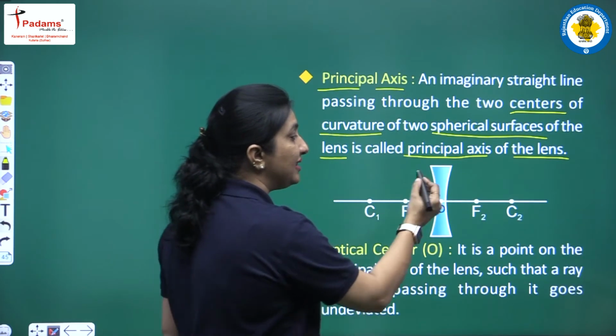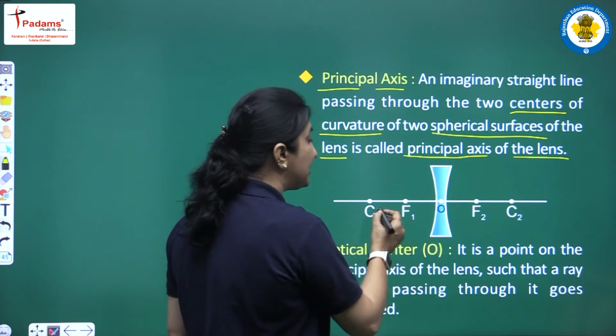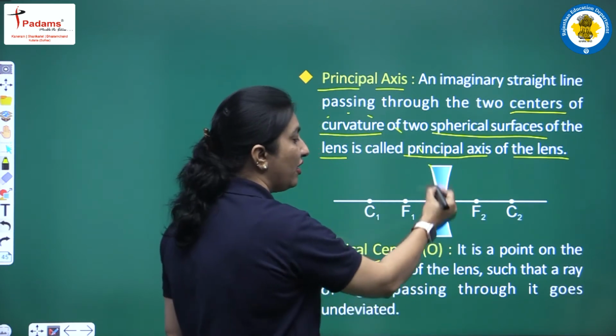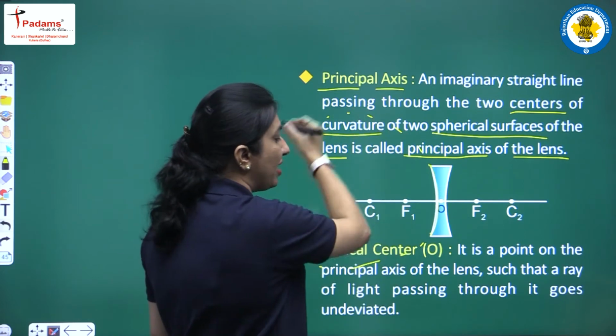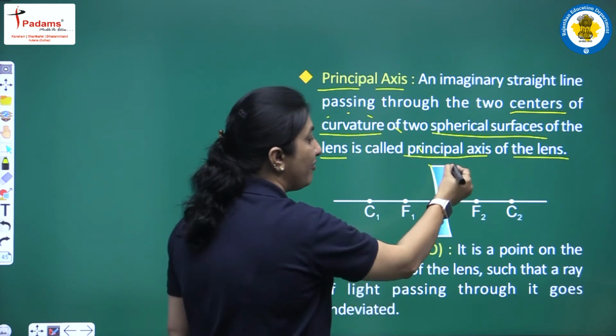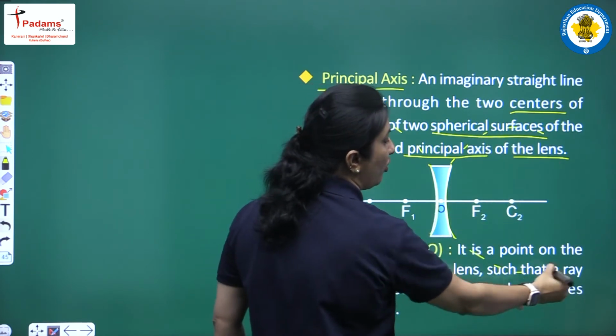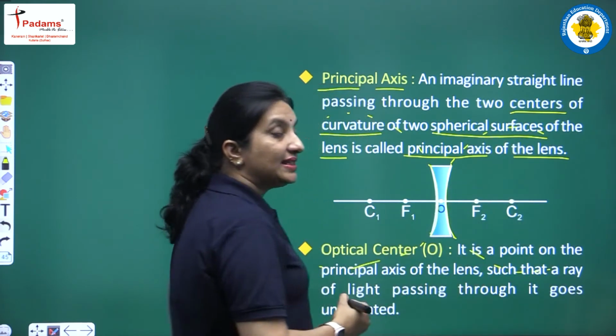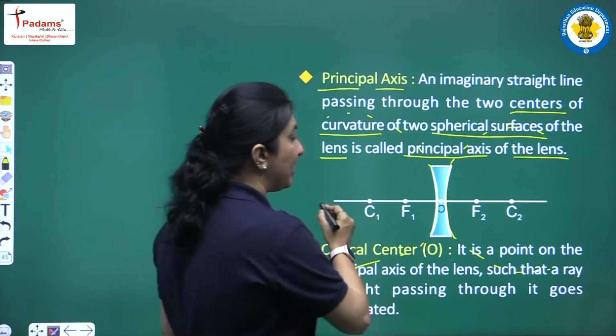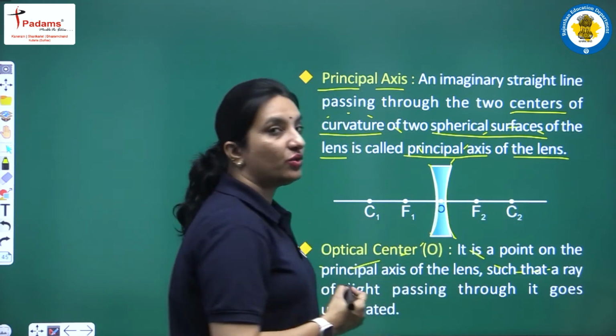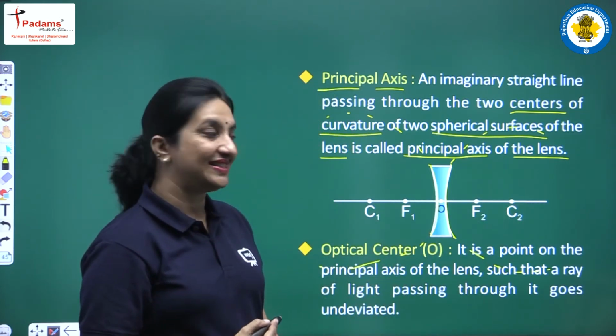In this concave lens, C1 is the center of curvature of this surface, which is a part of a hollow sphere, and for this portion, which is again a part of a hollow sphere, C2 is the center of curvature. The line joining C1 and C2 is known as the principal axis.